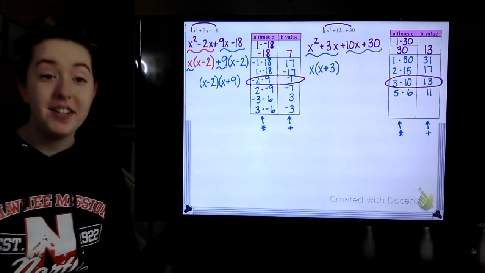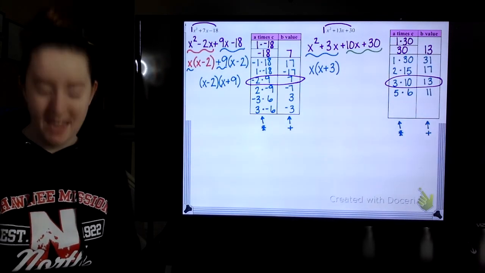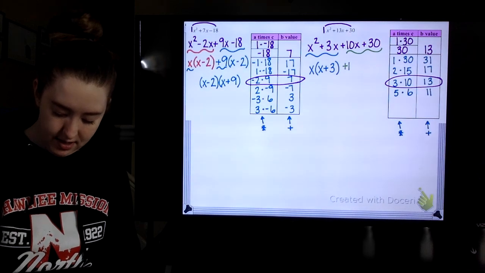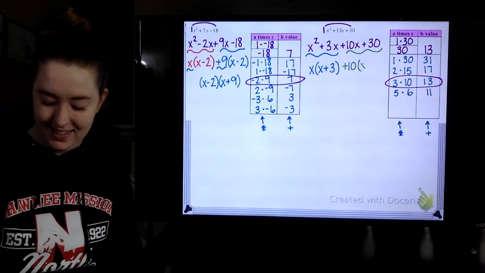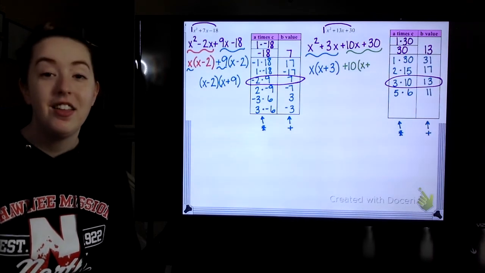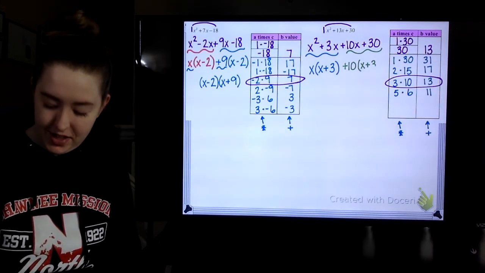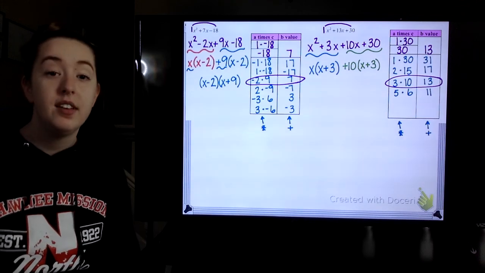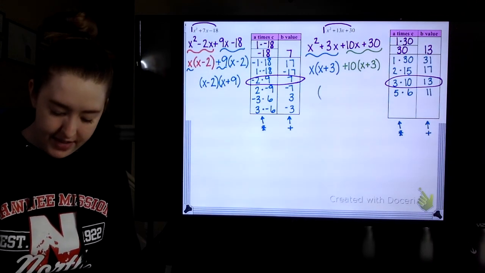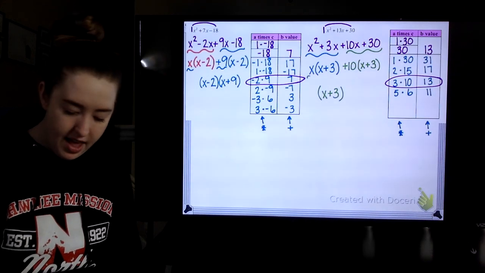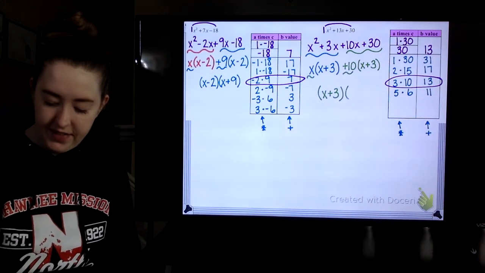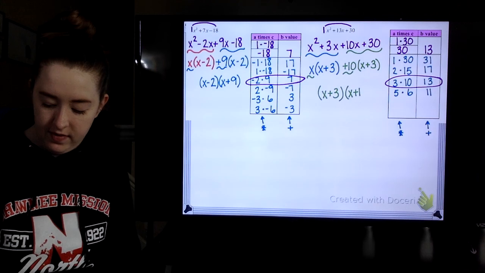The greatest common factor of 10x and 30 is 10. 10x divided by 10 is x, plus 30 divided by 10 is 3. So then I'll take out what those two terms have in common, the x plus 3. And my other set of parentheses is the stuff left over, x plus 10.